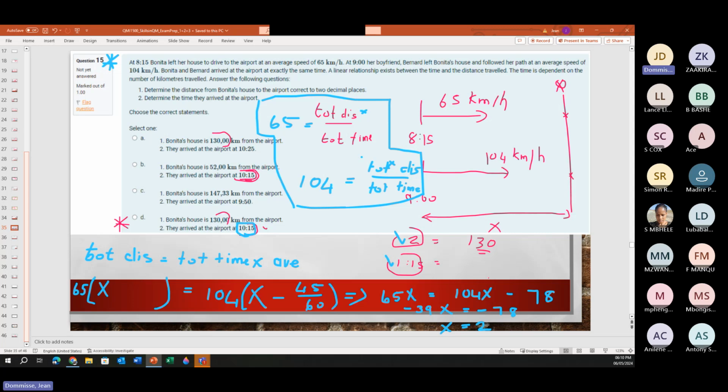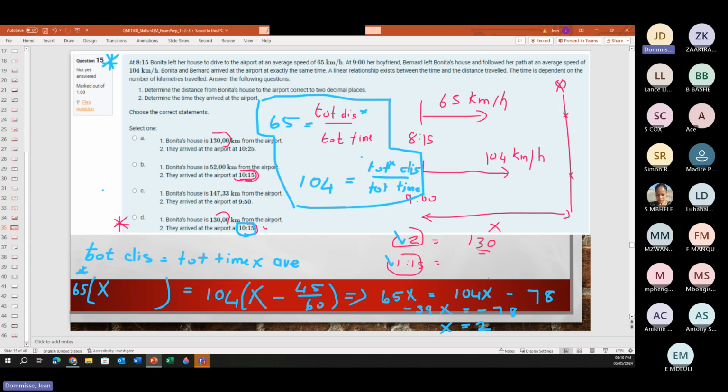Yes, you could do it with the systems of linear equations, and that is what I nearly did here in the end. One must just make sure what your formula is at the beginning. So that is basically what you need to do with this one.